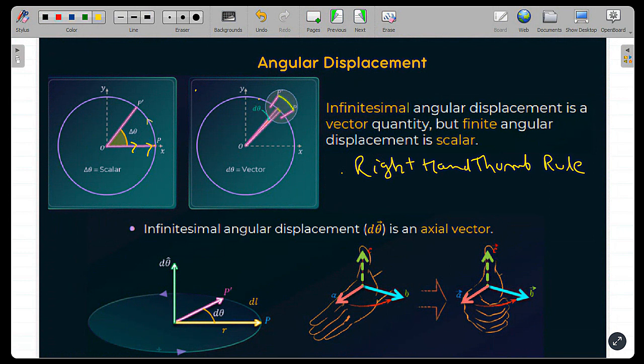You keep the fingers of your right hand towards the line OX. ठीक है? You keep your fingers of the right hand parallel to the line OX. OX line के parallel रखो. Right hand की finger should be parallel to the line OX, and then curl the fingers inwards.